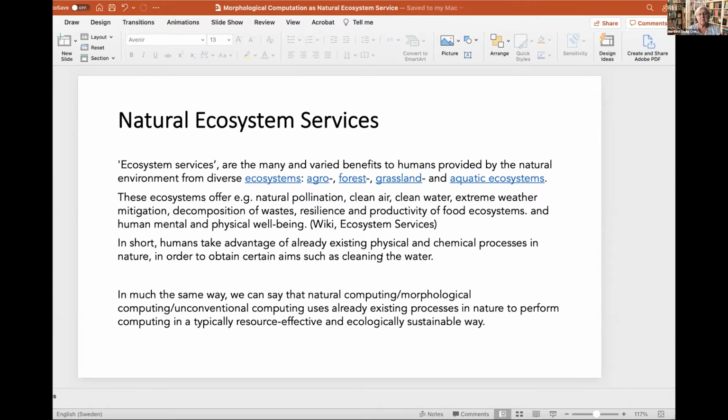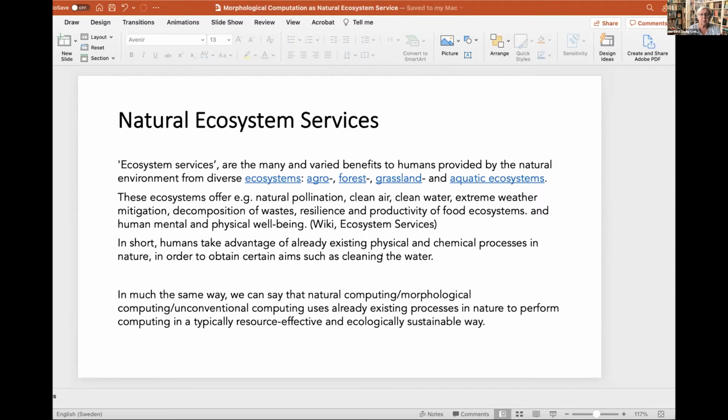These ecosystems offer, for example, natural pollination, clean air, clean water, extreme weather mitigation, the decomposition of waste, resilience and productivity of food ecosystems, and human mental and physical well-being. So we just use natural processes that will happen anyway in nature to do something that is of interest for us.